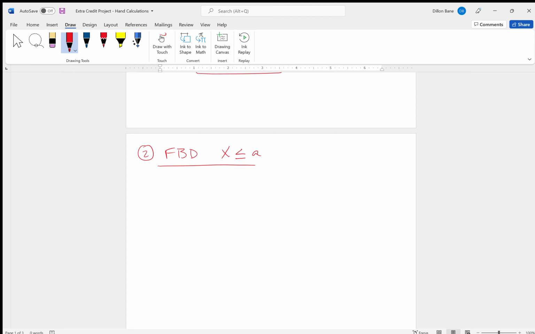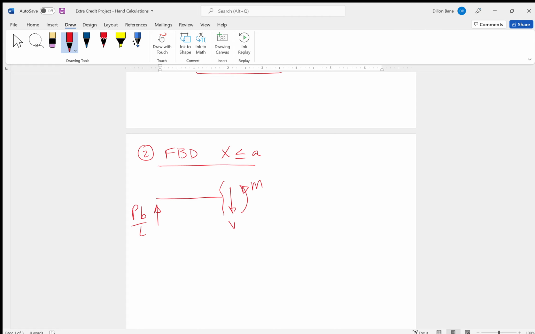What we've got is our support here. We'll make our cut. We have the left reaction, which was PB over L. And then we're going to have our shear and moment that gets exposed at our cut. And remember to draw your shear and moment in the positive sense.